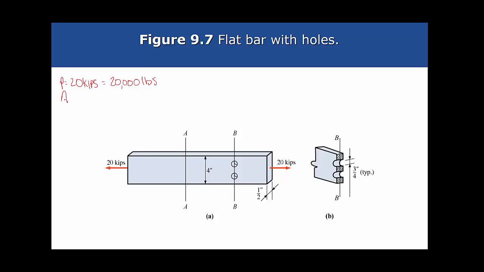We do know the area, don't we? 4 times 0.5, which is 2 square inches. And we're looking for the stress, in both cases. Now, if we look over here at B, we still have P is 20 kips.